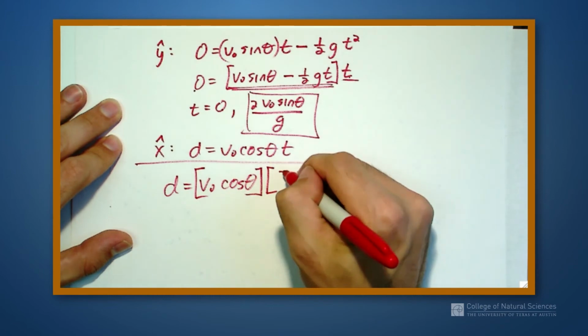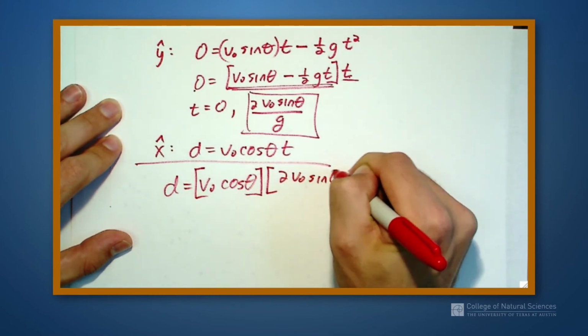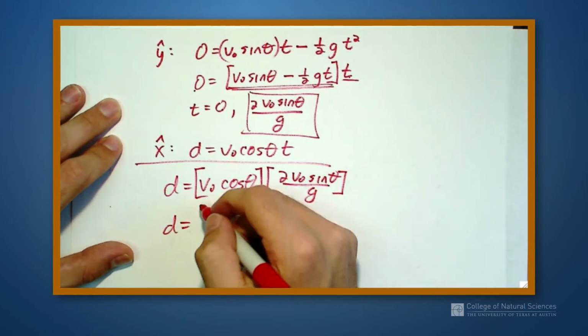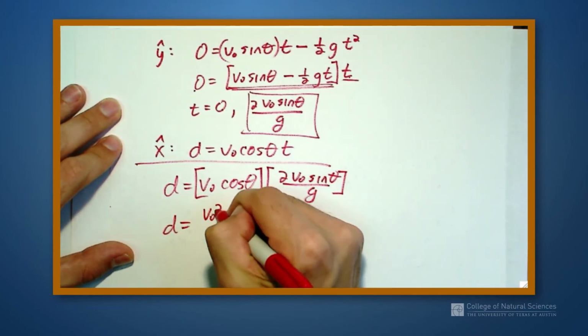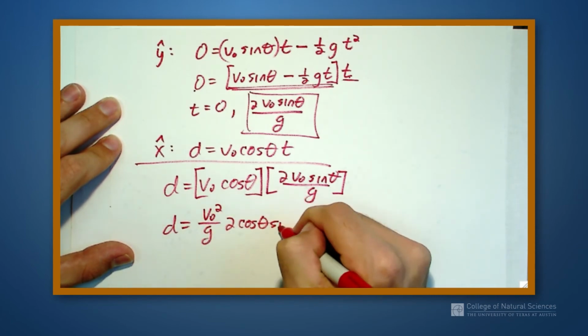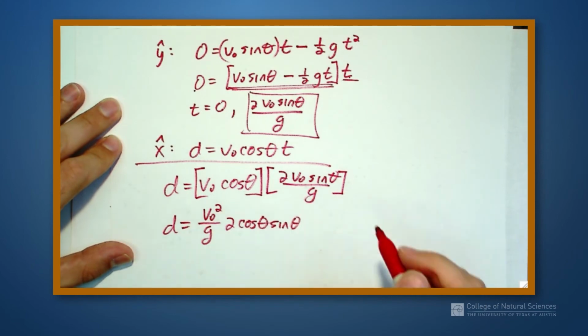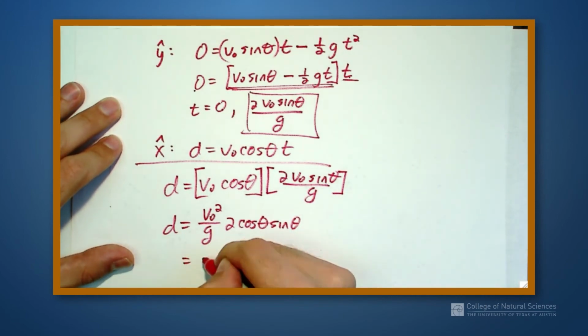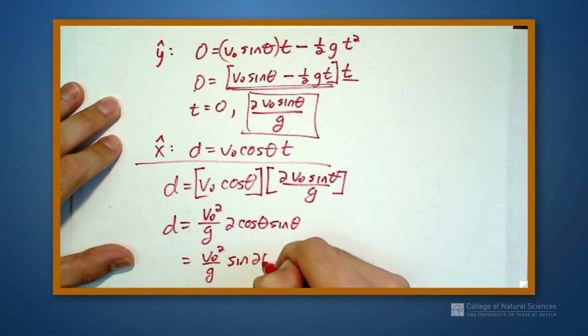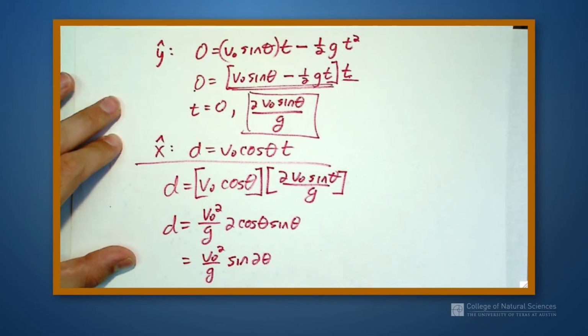Well, time is 2 v naught sine of theta over g. Or d is equal to v naught squared over g times 2 cosine of theta sine of theta. And if we really want to be fancy, 2 v naught squared over g times the sine of 2 theta, since this is a double angle formula: 2 cosine of theta sine theta is equal to sine of 2 theta.